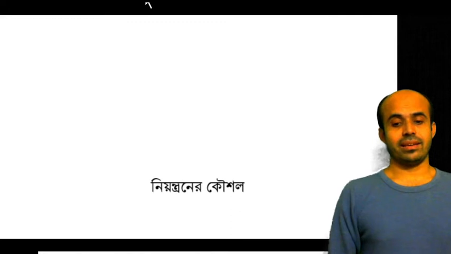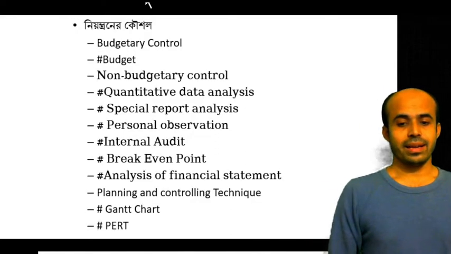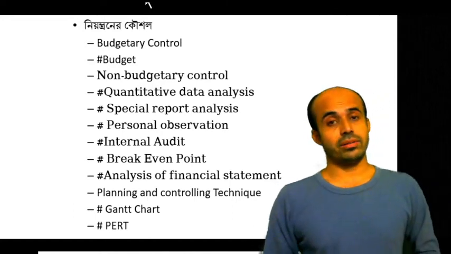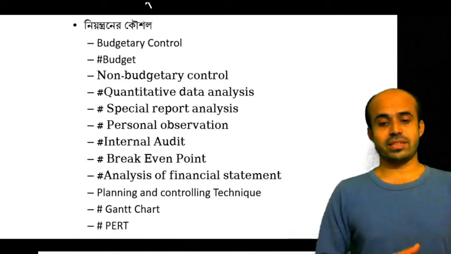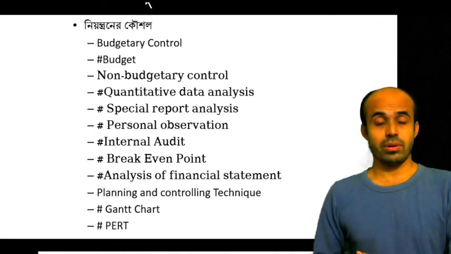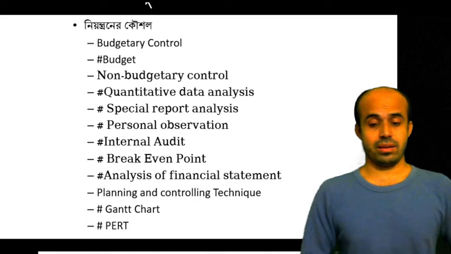First, we can see the technique of controlling. Then we can see the budgetary control. This is first divided into three types: budgetary control, non-budgetary control, and planning and strategic techniques.